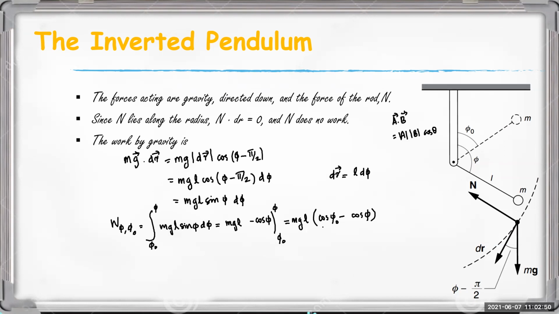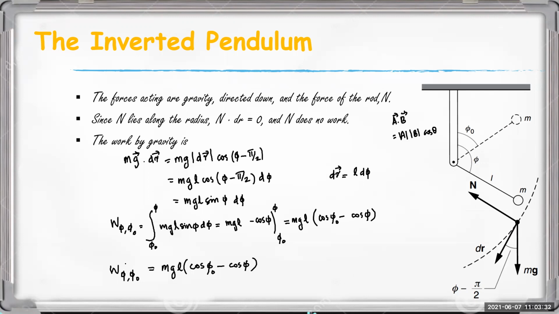So we obtain mgL into cos phi 0 minus cos phi. This is the work done, W phi phi 0.